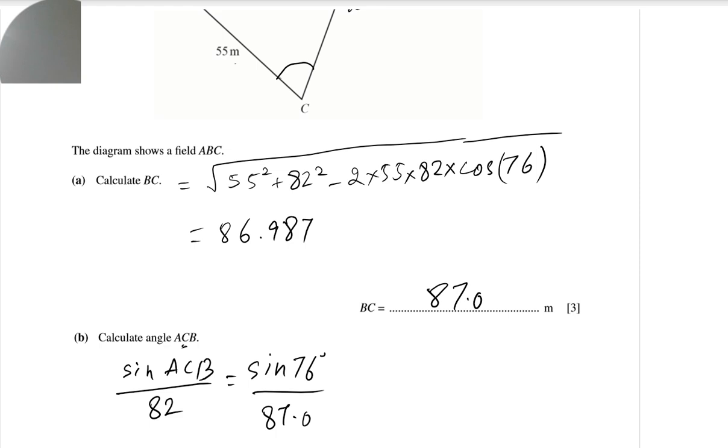Now ACB can be made the subject, and while doing the cross multiplication, please keep it in your mind that this 82 side should not be written after the angle. It should be written before the sine. So we will write it 82 sine 76, not sine 76 and 82. Okay.